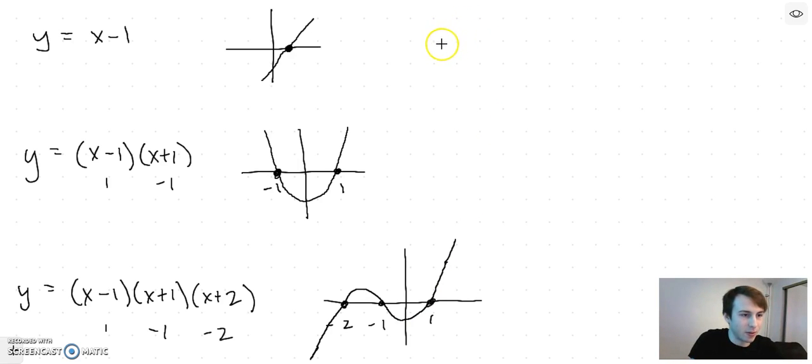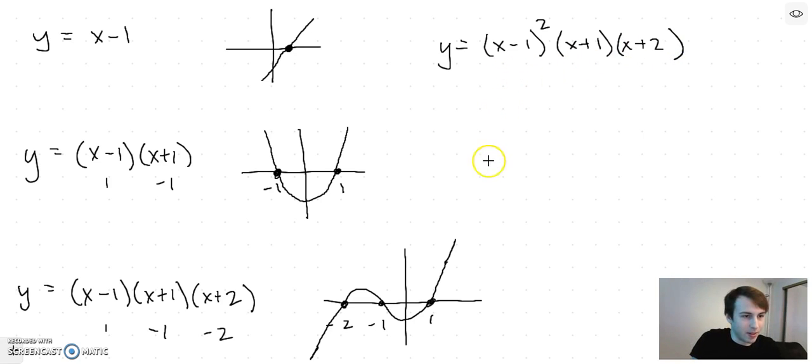Now let's try a harder one. Let's do y equals x minus 1 squared times x plus 1 times x plus 2. So that means we've got zeros at 1, negative 1, and negative 2.